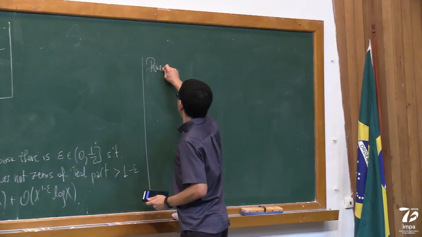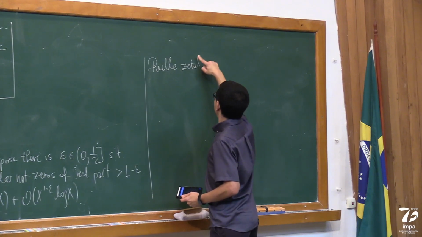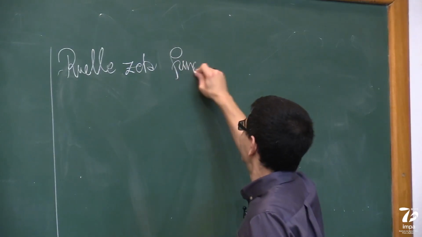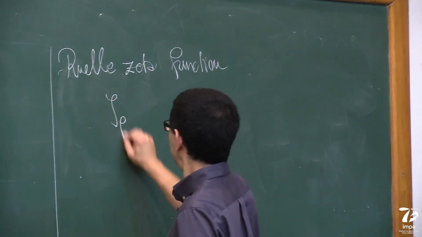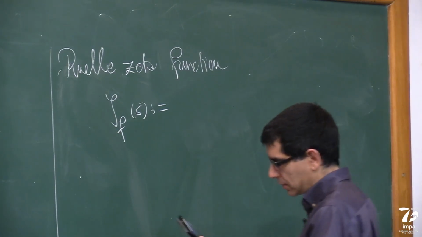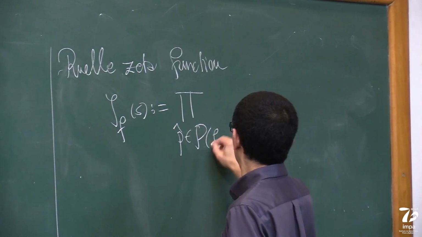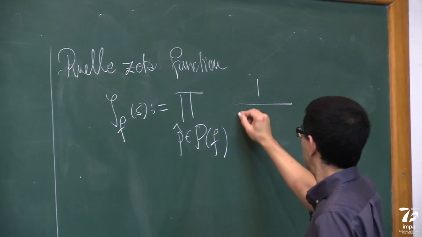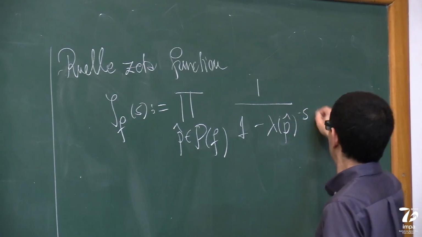Okay, so this Ruelle zeta function can be defined as follows. This is a product over all periodic orbits.